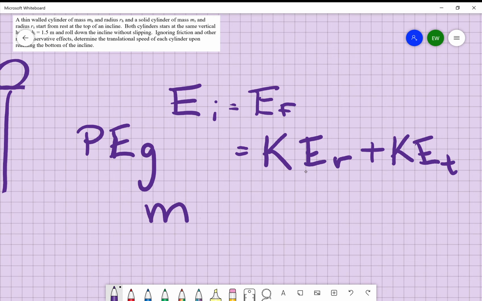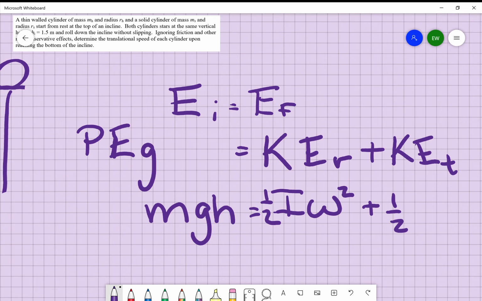Gravitational potential energy is mass times gravity times height. And rotational kinetic energy is going to be 1/2 I omega squared, plus 1/2 m v squared. What I need to do here is determine the translational speed of each cylinder. So that's exactly what I'm going to do.